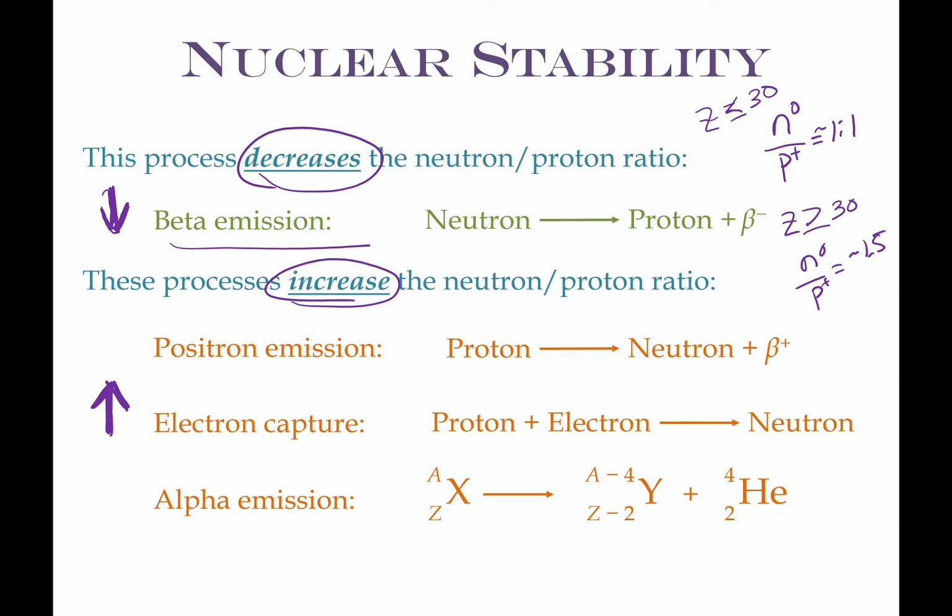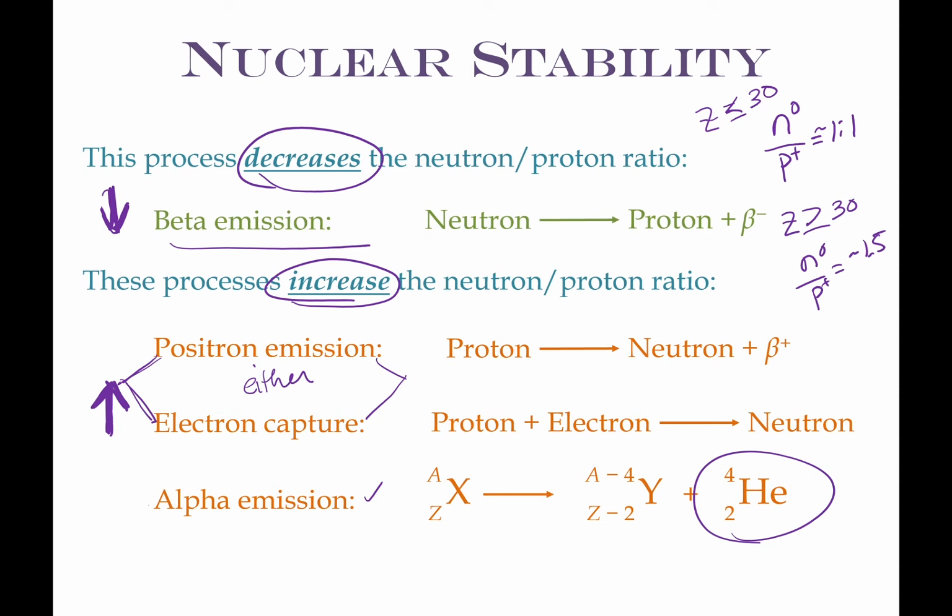Now, I'm not going to ask you to figure out which one of those it is. You can definitely tell if it's going to be alpha emission or not, because we need to get rid of that unstable nucleus. You might be able to tell the difference between alpha emission versus positron or electron capture, but for this one you could say it's either positron emission or electron capture.